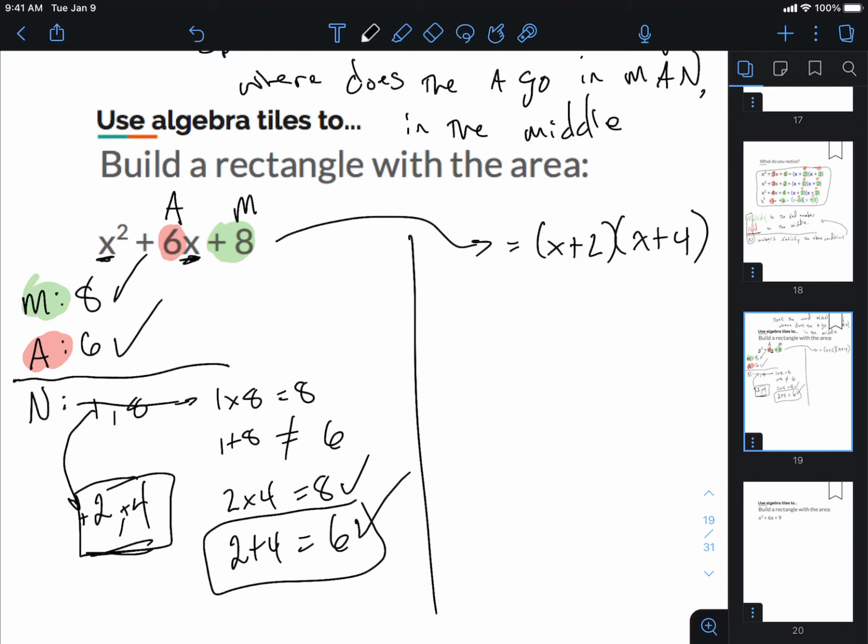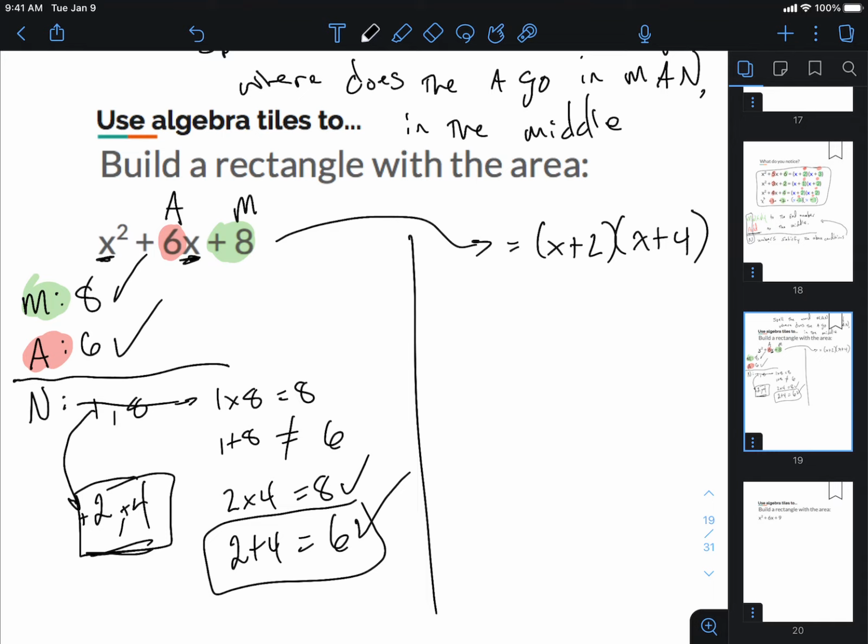Just so there's no confusion, what can I put up here? An x, right? And then 4, right? That's what fits here along the top. What fits down the side? Well, you can put an x here.